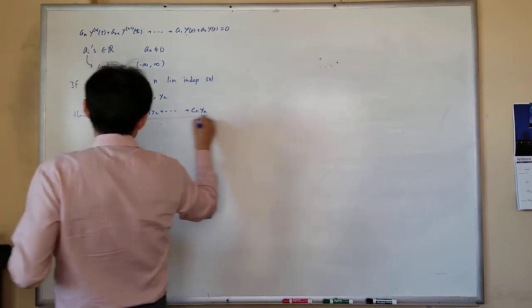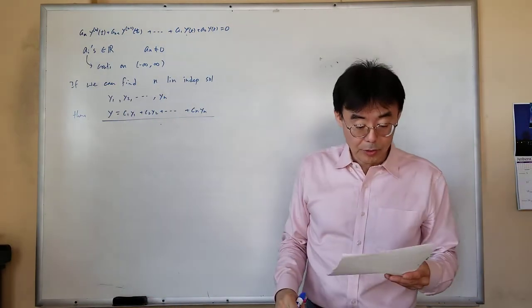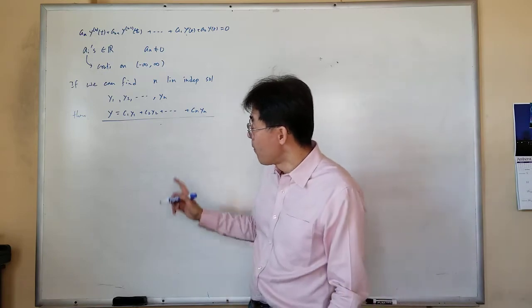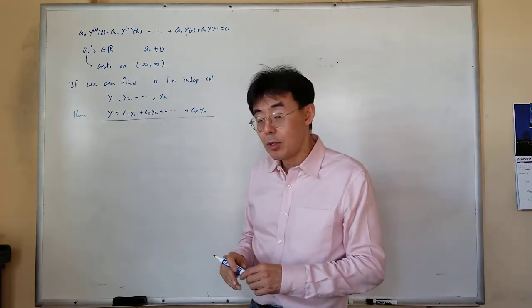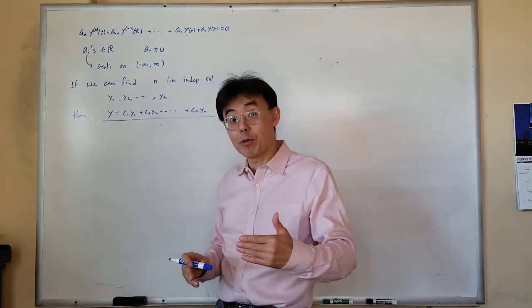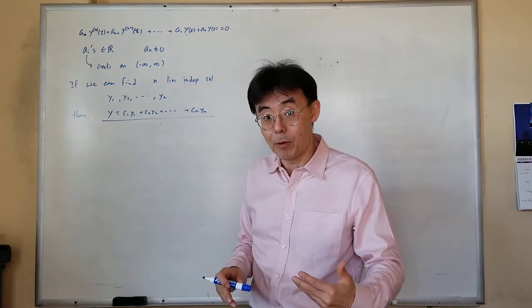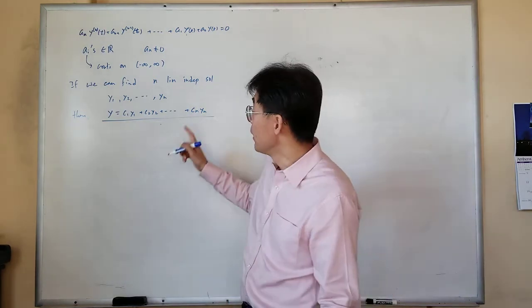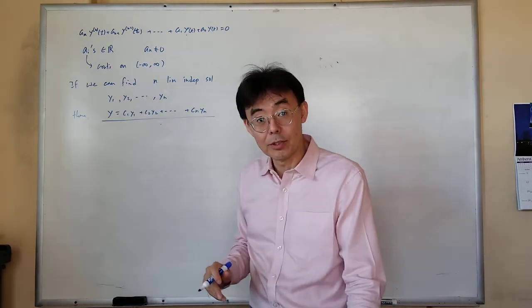That will cover all solutions, the general solution. So, in this section, we're going to take the same approach as we did in chapter 4: how to find those n solutions.